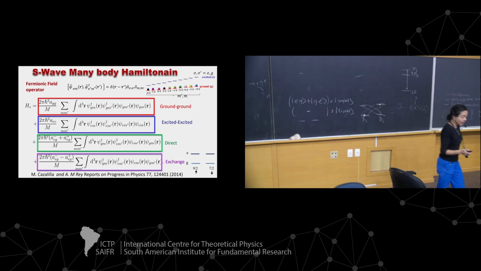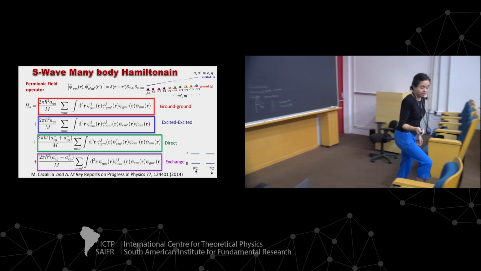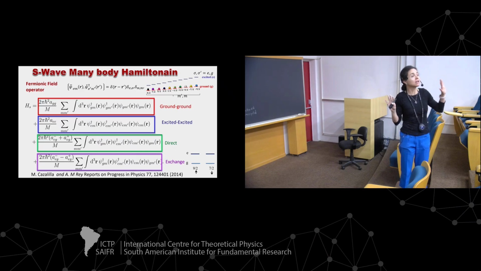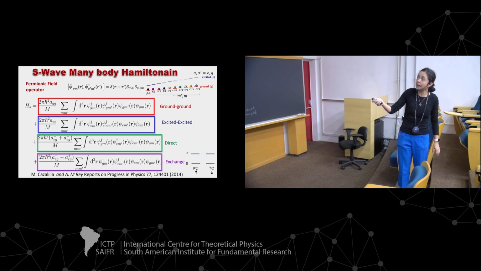So that's why, when you write the Hamiltonian, you are going to have a term that we call direct, in the form that counts the number of particles in the M state in G times the number of particles in the excited state in M prime. So this is also a diagonal term, the number of particles in M and M prime.